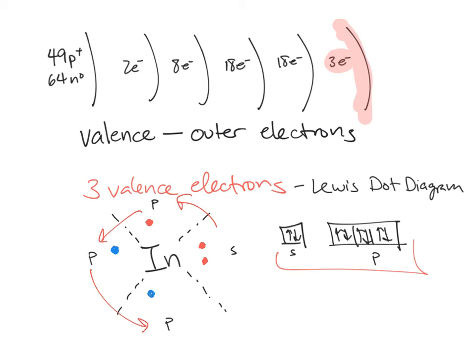Go to the other one after that, and then start filling back in around on the p. So the order you fill them in looks like 1, 2, 3, 4, 5, 6, 7, 8, for a total of only 8 possible valence electrons.